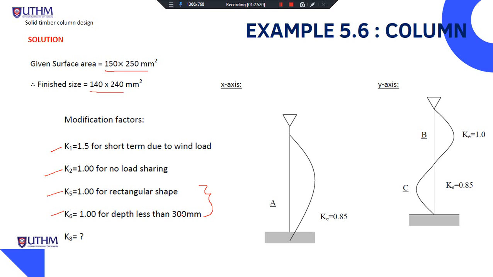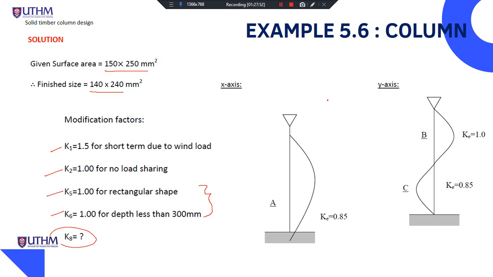To check the compression axial loading, you only need K1, K2 and K8. Meanwhile, if you need to check due to the bending, you need to determine K5 and K6, because the equation to check the bending capacity has modification factors K5 and K6, and next you need to determine K8.